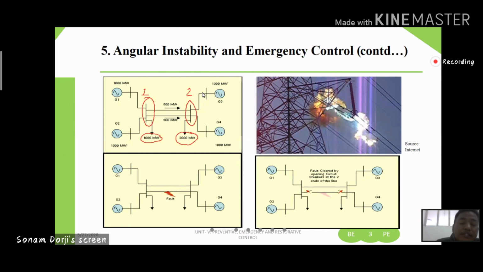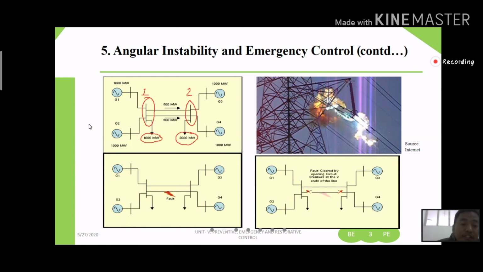But here, just to create a scenario, I have assumed buses 1 and 2 are voltage independent and their loss is very negligible, which means no loss at all. So from here we transmit 500 megawatt each, and that's how we fulfill the demand.